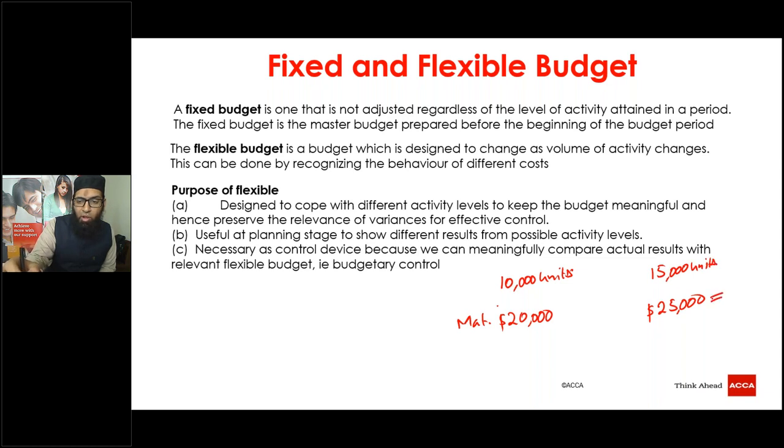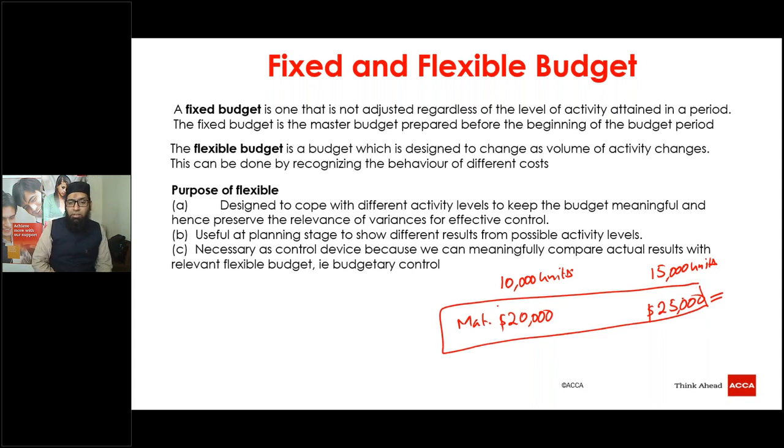So the comparison of material budget and actual is not meaningful because both of these pieces of information are not comparable. To make it comparable, we prepare a revised budget on 15,000 units. And the budget that is prepared on the 15,000 will be the flexible budget.